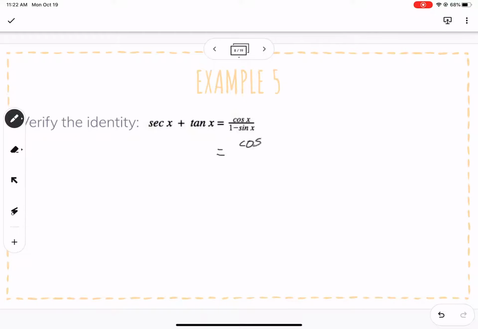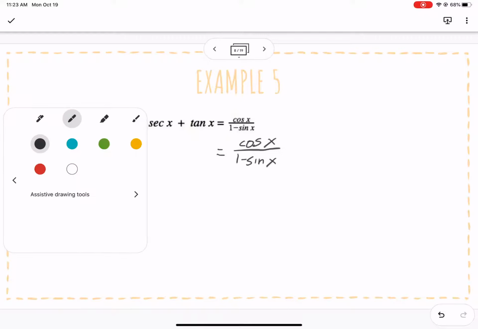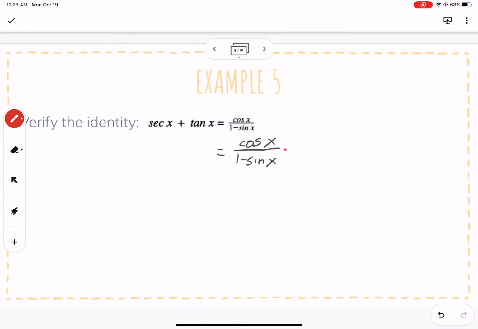So I'm going to rewrite my fraction, and now here's what I'm going to do. I'm going to multiply by 1 plus sine x, the conjugate. Okay. Now what I'm going to do is I'm going to go ahead and multiply everything through.